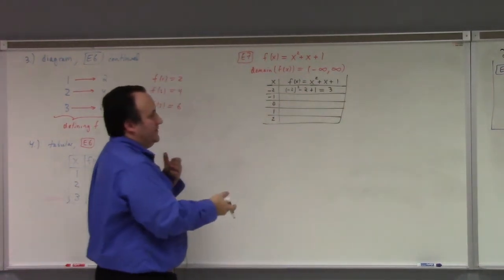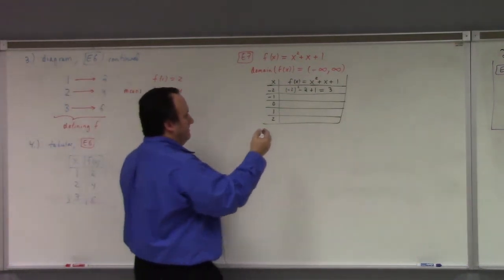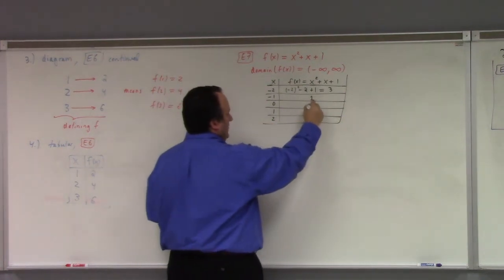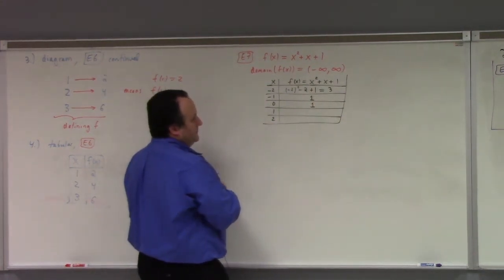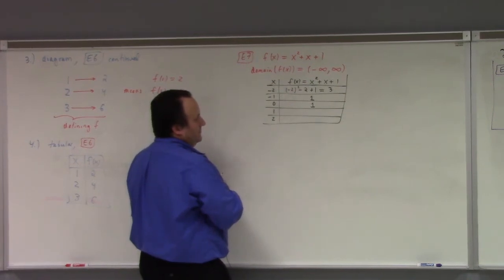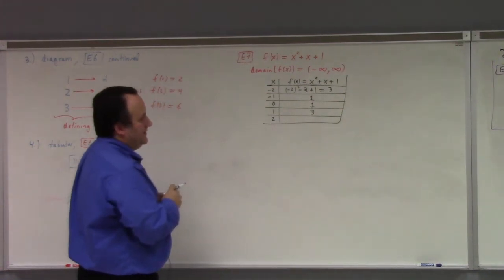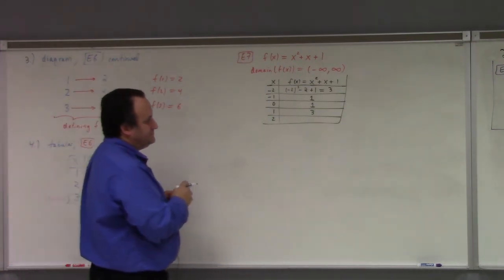If I plug in -1, I get 1 minus 1 plus 1. I think that's 1, right? If I plug in 0, I get 1. If I plug in 1, I get 3, right? If I plug in 2, I get 4 plus 2 plus 1, which is 7, right?